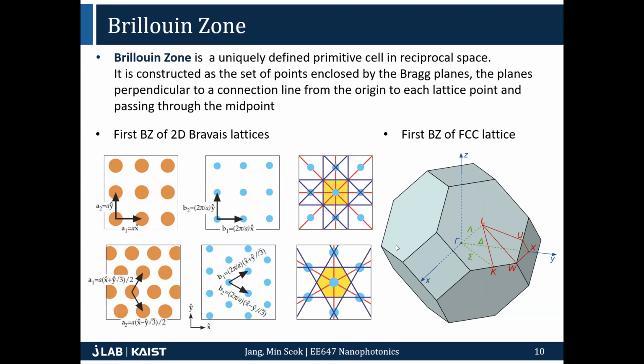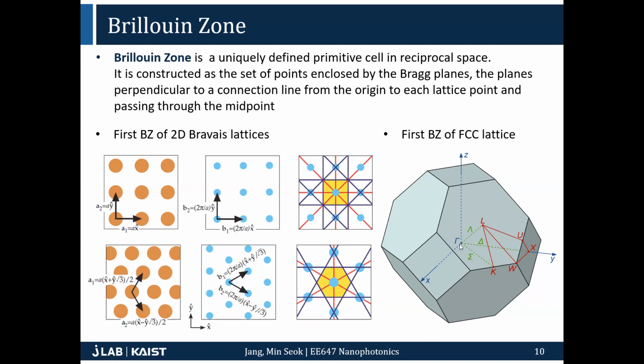And then people try to give a name to the important high symmetry points. For instance, the origin k equals 0 is always called the gamma point. So if somebody says gamma point, that means k equals 0.